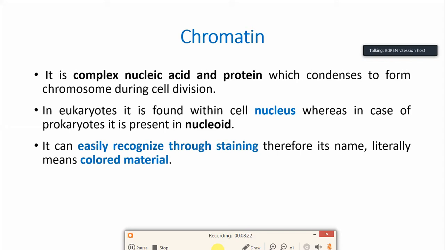The nucleic acid part is DNA and RNA, deoxyribonucleic acid and ribonucleic acid, and the protein is histone protein and non-histone protein. It condenses to form chromosomes during cell division, and then we can tell that these are chromosomes.